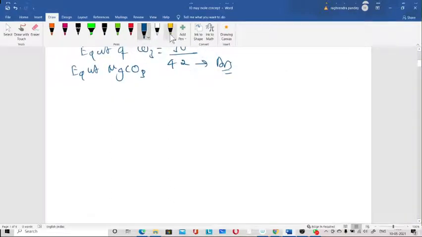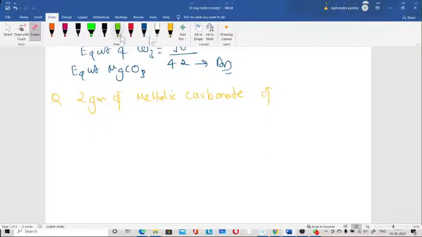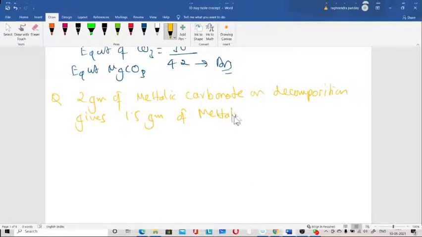Now let's take another question. 2 gram of metallic carbonate, on decomposition gives 1.5 gram of metallic oxide. 1.5 gram of metallic oxide.